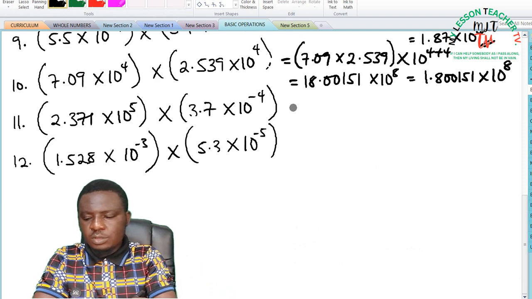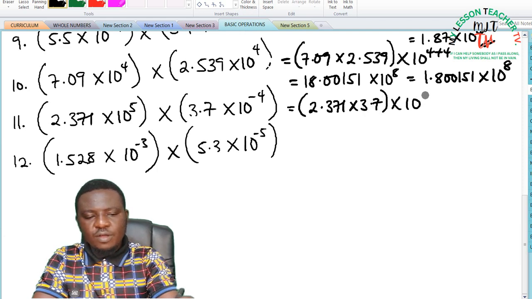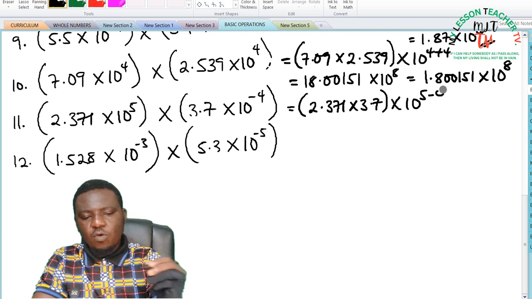Question 11, this is 2.371 times 3.7 times 10 raised to the power of 5 minus 4.